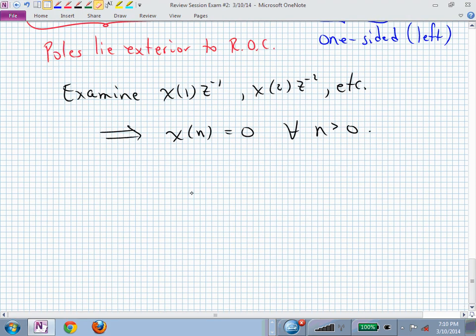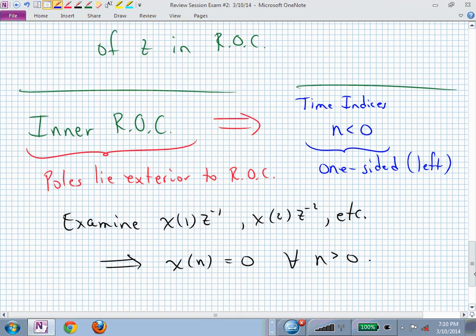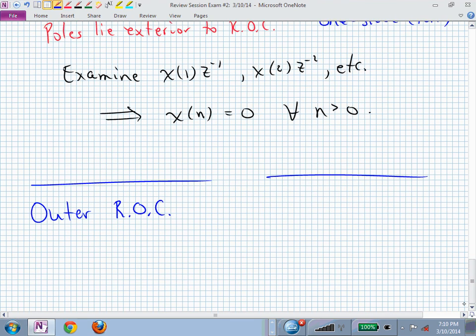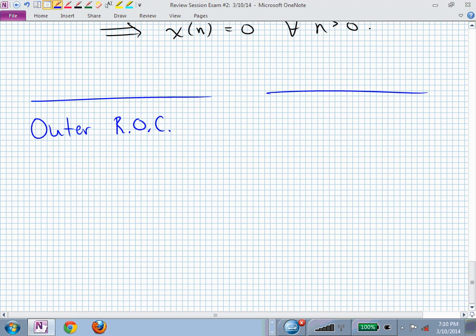What about outer? That's one region of convergence. If we do an outer region of convergence, here I'm going to say that this says that the poles lie interior to the region of convergence.